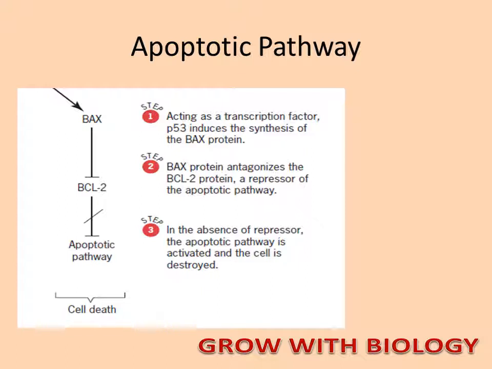So the level of P53 is very crucial for maintaining the balance between cell death and cell survival. If there is cell death or cell cycle arrest, then it will inhibit the formation of cancer. So P53, which is a tumor suppressor gene, this is the main function of P53.